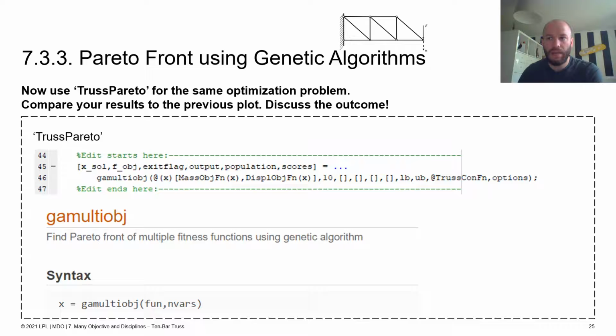Instead of setting up a meta-objective function phi, we can also use genetic algorithms that we introduced in lecture 6 to this task. So what is done here is that we just give both objective functions, so in the MATLAB code, we just give both objective functions as a handle, and on top we also give our constraint function here.